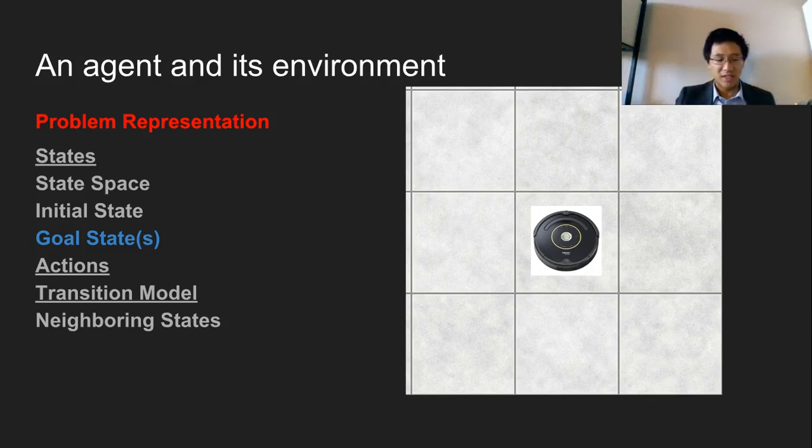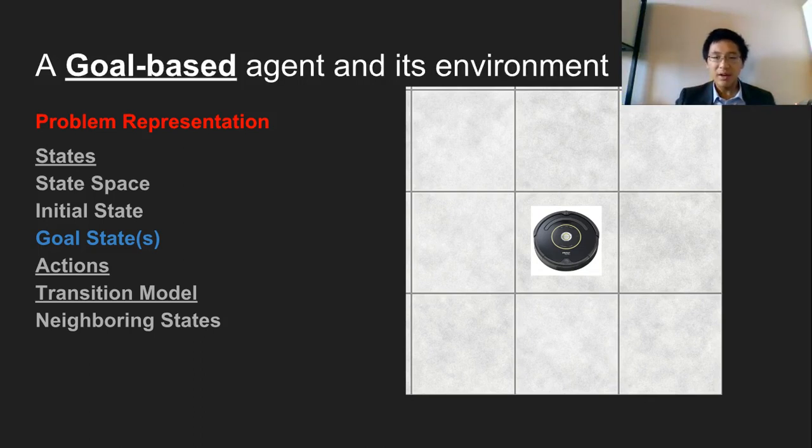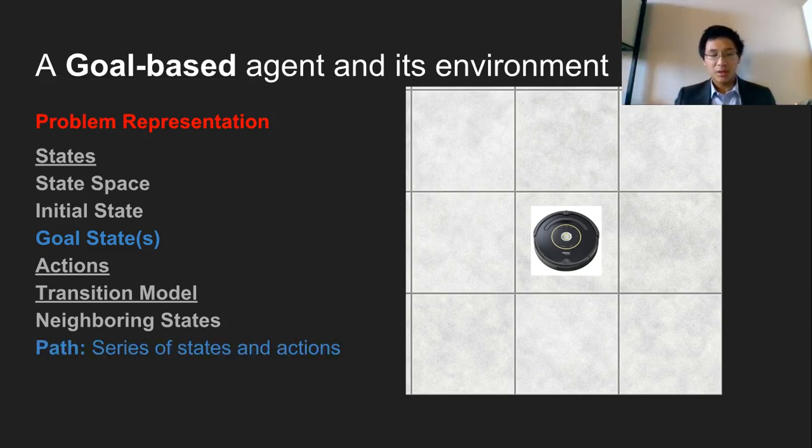So there are 9 different goal states. Now, that means this is a particular kind of agent. This is a goal-based agent. His entire purpose is to achieve that goal state. And if he does, well, good for him. His life is complete, or at least his task is complete for the moment until he's given another task, another goal.